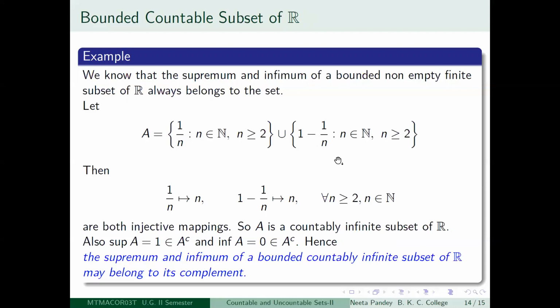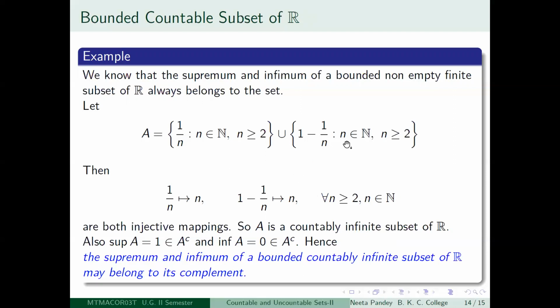You take these two sets and take their union. First of all, note that each is countably infinite. Just define the mapping 1 by n going to n, which is an injective mapping from this set to the set of positive integers. Similarly, send 1 minus 1 by n to n, which is also an injective mapping to the set of positive integers. So both sets are countably infinite.